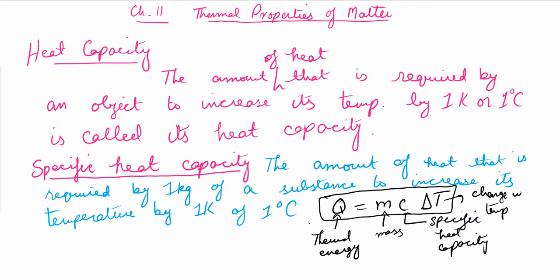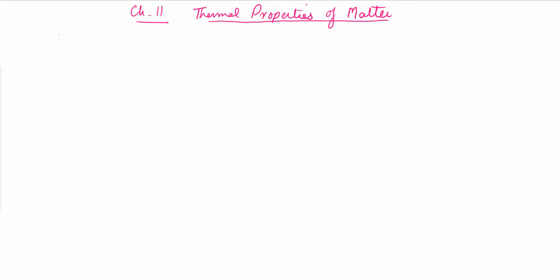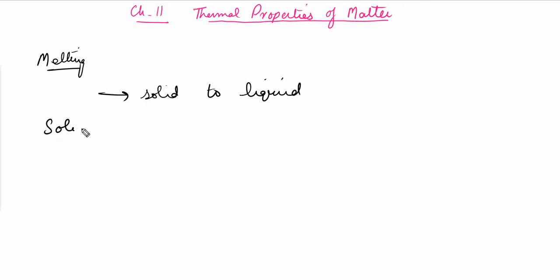Now in the next phase we have to discuss the concept of melting, freezing, boiling, condensation. Melting happens when a solid substance converts into liquid. Next one is solidification or freezing.